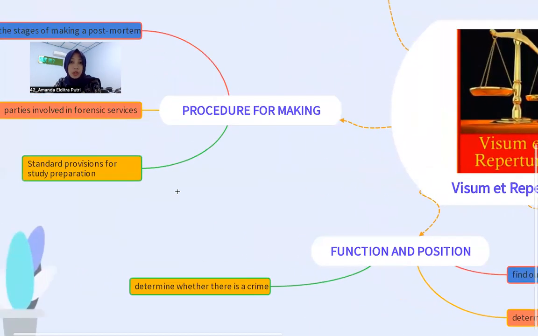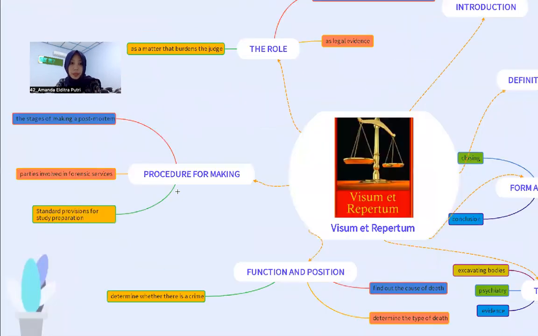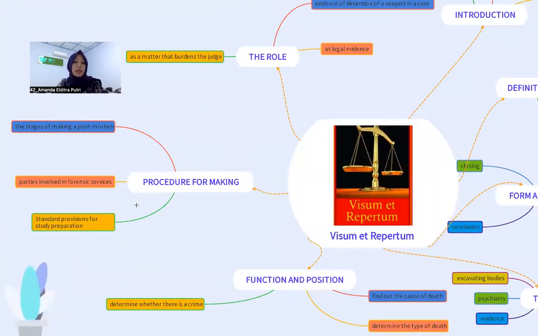Next, about the procedure for making. Making a Visum et Repertum has a procedure.